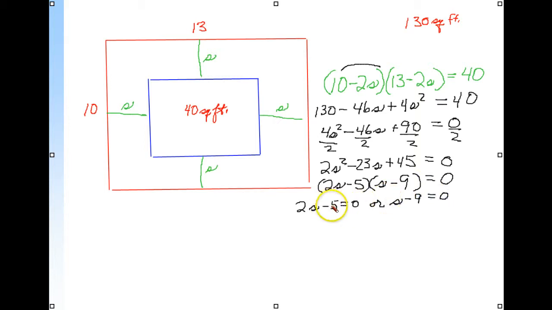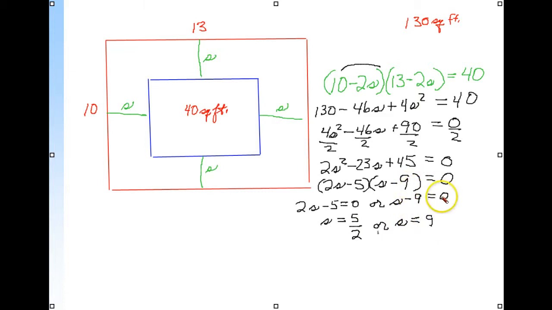Now I solve each of these equations. Here I'm going to transpose this. This becomes a 5. Then I'm going to divide by 2. So 5 halves. I said it right, but wrote down the wrong answer. So it's 5 halves, or S is equal to 9.